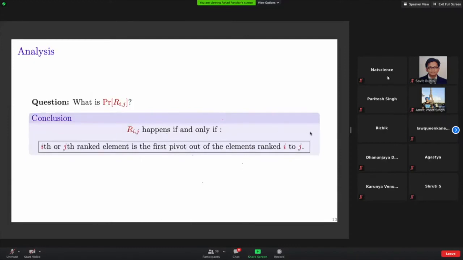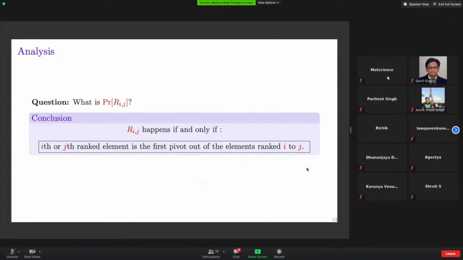Because of that, you can write that Rij happens if and only if the following holds. Suppose the ith or jth ranked element is the first pivot out of the elements ranked i to j, then that will be compared. And if you choose some other element as the first pivot among these i to j elements, they will not be compared.